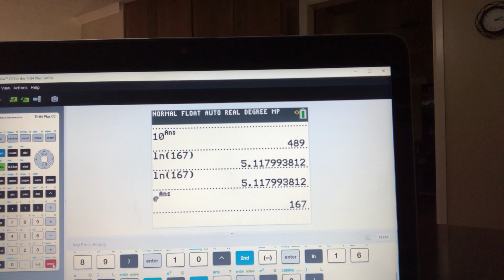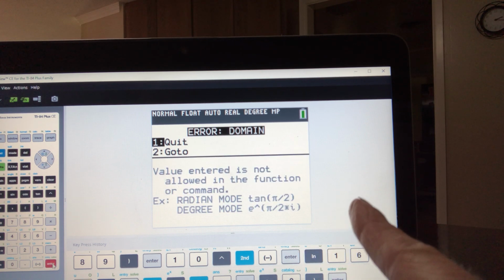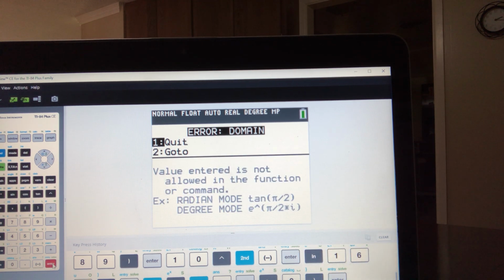Your calculator should give you an error, domain, and it says value is not allowed. That is because the domain of x, the number you're taking the log of, has to be greater than 0. Not greater than or equal to, but greater than 0. So you would write something like either not possible or undefined as your answer for 5a. Do not write error as your answer. Either say it's not possible or it's undefined.